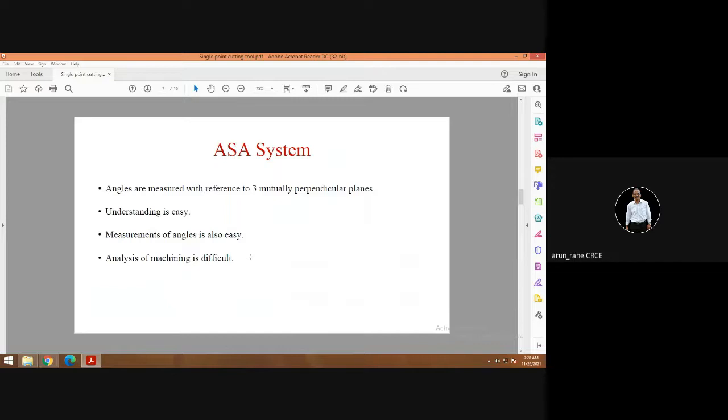ASA is basically the American system, and here the 6 angles I showed you are measured with reference to three mutually perpendicular planes. So understanding is easy, and measurement of angle is also easy.